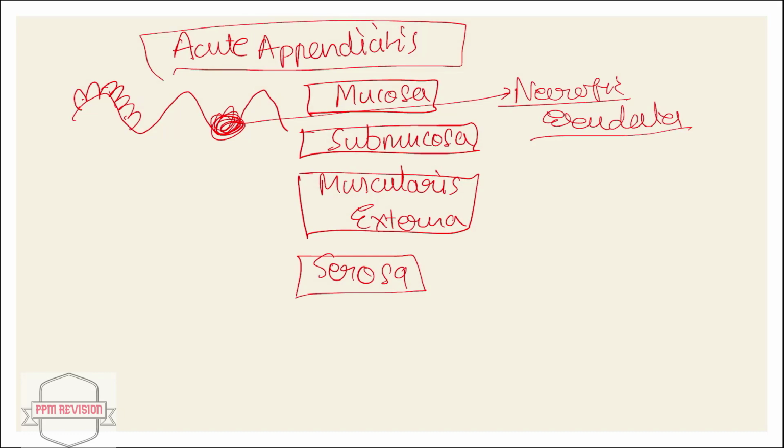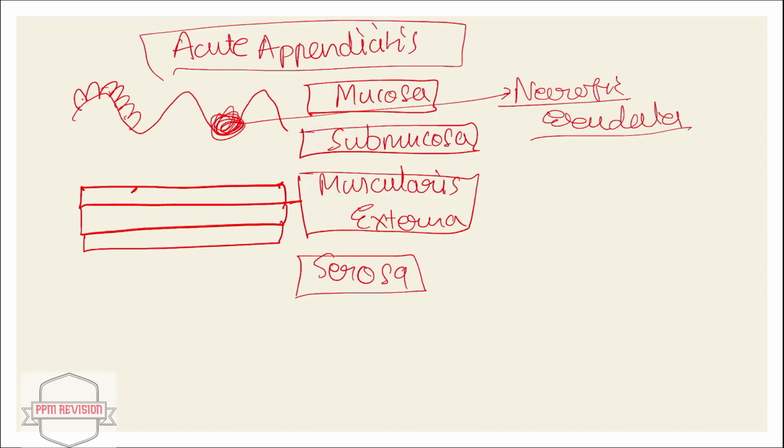And then, as we mentioned, muscularis externa. In case of this muscularis externa, there's presence of circular as well as longitudinal muscles, as we all know. So drawing the circular muscles first. This is how the circular muscle looks.